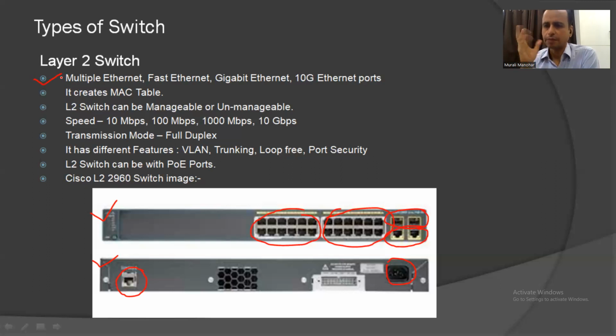Ethernet means simple 10 Mbps speed, fast Ethernet 100 Mbps speed, gigabit Ethernet 1 Gbps speed, and 10 Gbps speed. These types of switches are available in the market. Nowadays, we are using only fast Ethernet port switches, gigabit Ethernet port switches, and 10 Gbps switches. Fine.